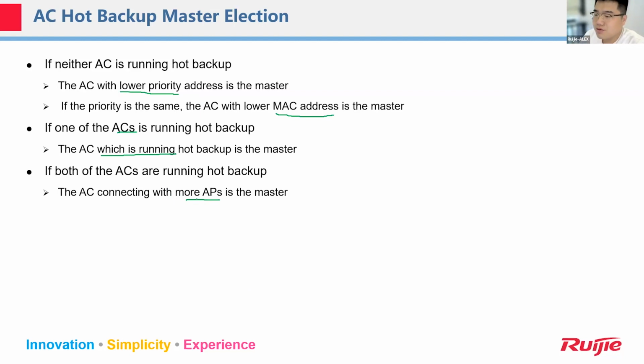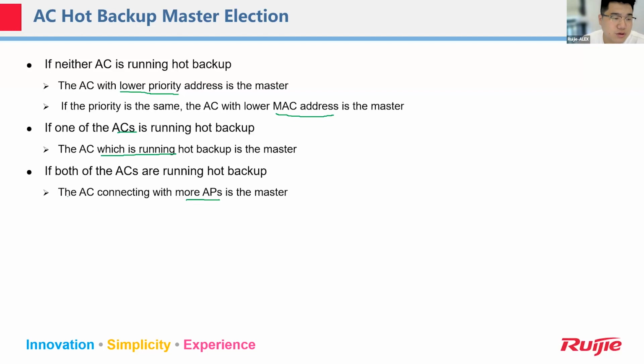Because if both of the ACs are running hot backup, after election, one of them will be the slave, right? Will be the standby AC, and the APs which are connected to this AC will switch to the other one.